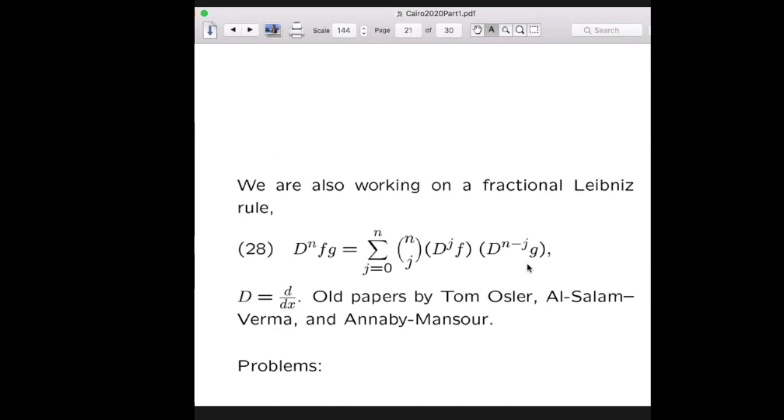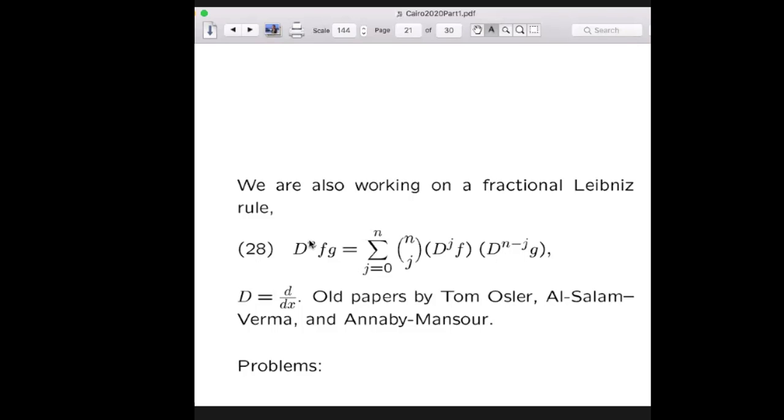Okay, now another thing is there is this Leibniz rule. If I differentiate the product of 2 functions n times, I get this expansion. So this is something that a q-version of it was done.